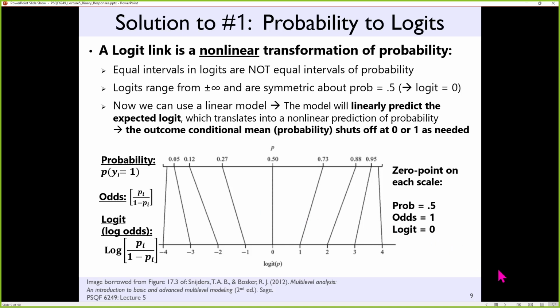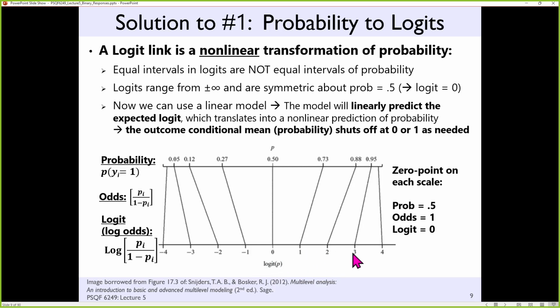So here is a mapping that I stole from a multi-level modeling textbook. This is their generalized chapter in Snijders and Bosker, of what it looks like if you map logits to probabilities. One of the consequences of the model being phrased in logits is that the difference between logits is not the same as the difference between probabilities. So a 1-unit change in a logit is what the slope will predict. Like a factor loading will be the change in the logit response for a 1-unit change in the factor.